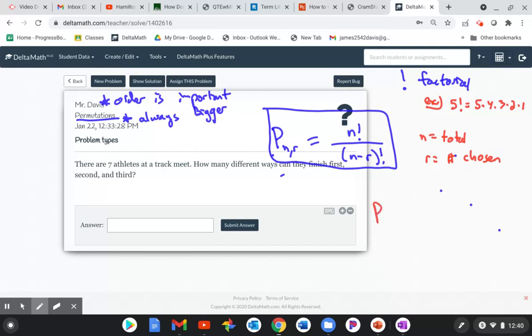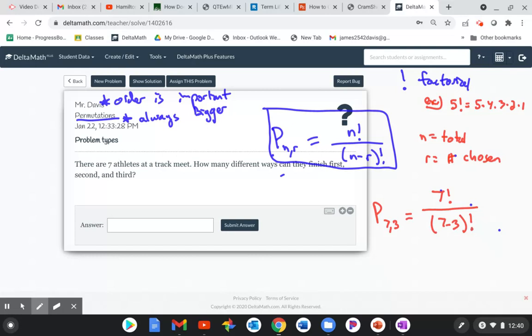So we write this like this: P(7, 3). 7 total athletes, and we're going to choose 3. We would pronounce this 7 choose 3. Then using the formula, this would be 7 factorial, because that's our n, over parentheses 7 minus 3 factorial. So that's how we'd plug it into our formula.